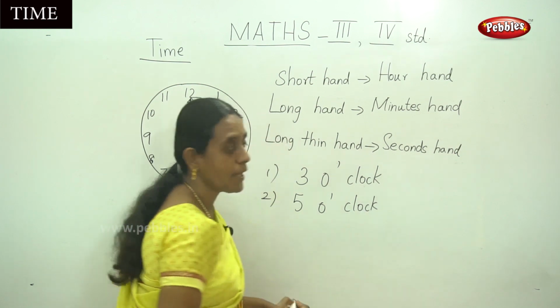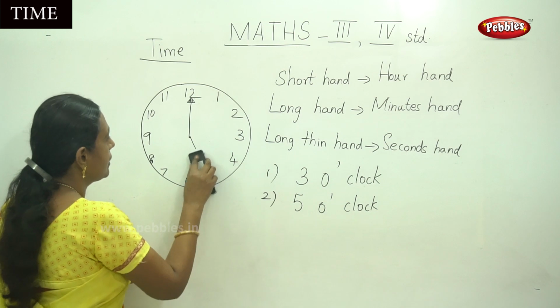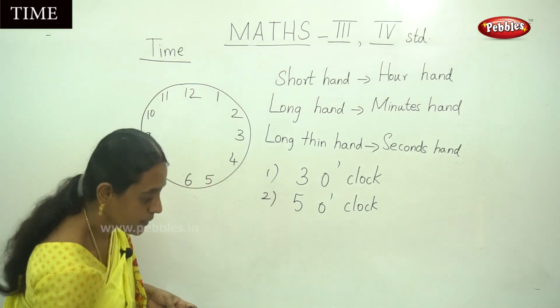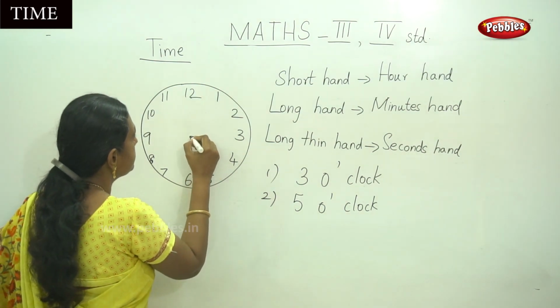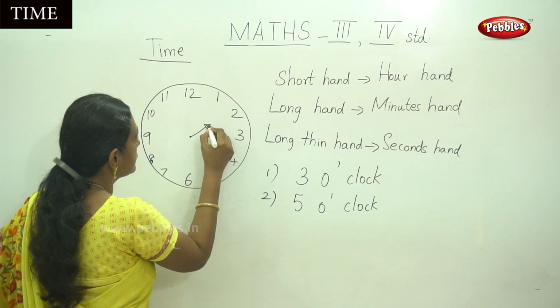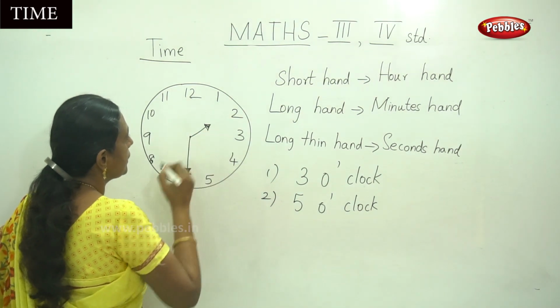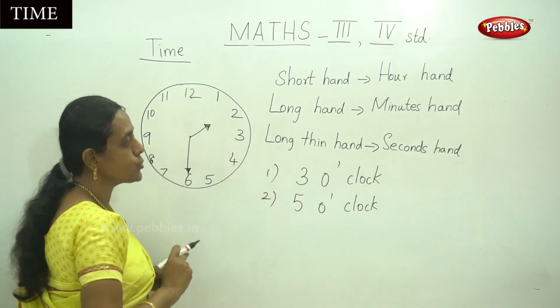Let me draw another time, drawing the hands from the center. Now the hour hand shows between 1 and 2.